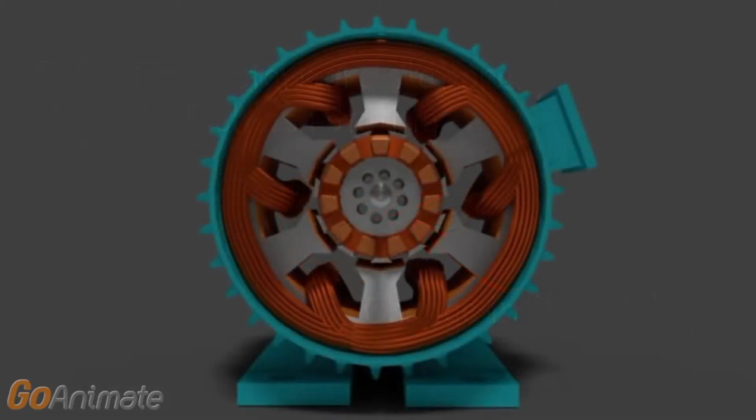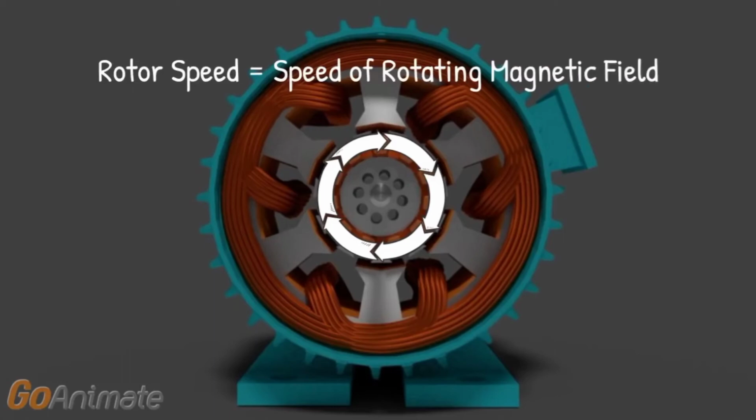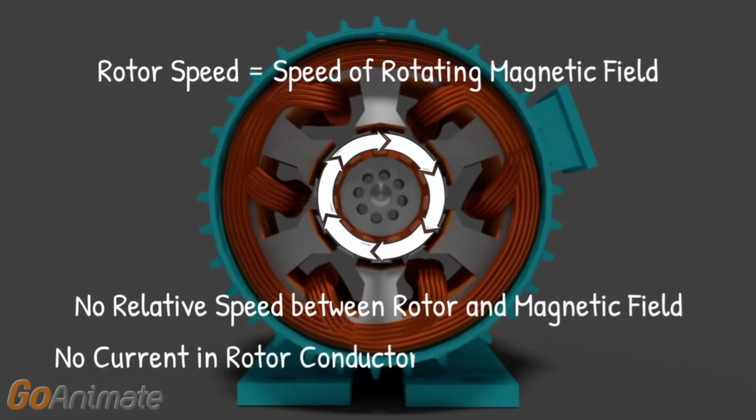Due to this force, the rotor will start rotating inside the stator, and the rotor will try to achieve the speed of the rotating magnetic field. Once the rotor achieves the speed of the rotating magnetic field, there will be no relative speed between the rotor and the rotating magnetic field. Hence, there will be no current induced in the rotor conductor. That means, at that condition, no mechanical force acts on the rotor conductor.